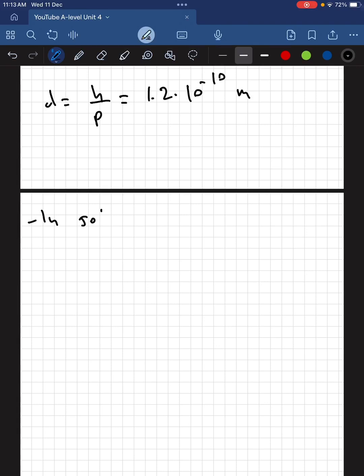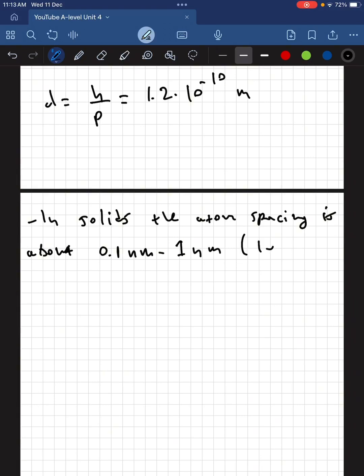So in solids, the atom spacing is about 0.1 nanometers to 1 nanometer. So about 10 to the negative 10 meters, in other words, okay?